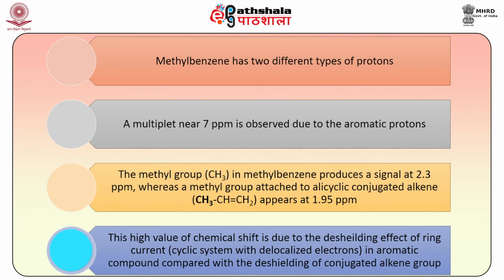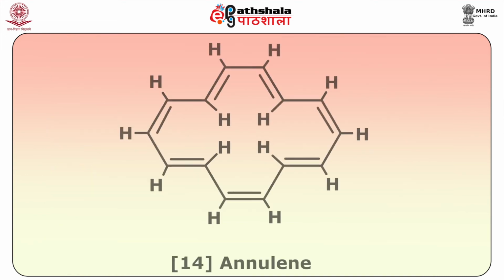This high value of chemical shift is due to the deshielding effect of ring currents, that is, a cyclic system with delocalized electrons in aromatic compounds, compared with the deshielding effect of conjugated alkene groups. A similar effect is observed in 14 annulenes.